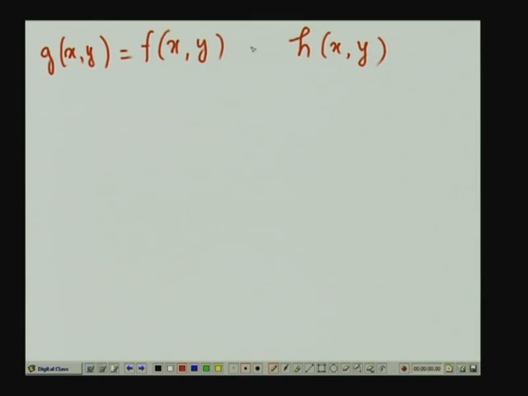So, given two images, say one image is f(x,y) and the other image is h(x,y), the difference of these two images is given by g(x,y) = f(x,y) - h(x,y).